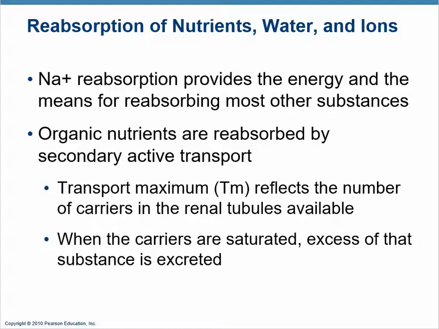Secondary active transport is a lot like, well, the analogy that I use is if I owned a bar and I know that men between the ages of 19 and 25 are the biggest consumers of beer, and I want to sell beer, then I need to get those guys into the bar. By getting young women into the bar, the young men will follow.